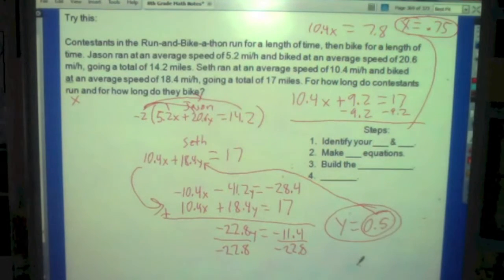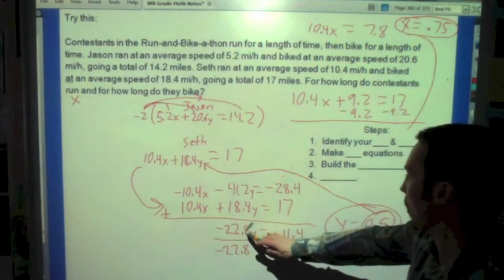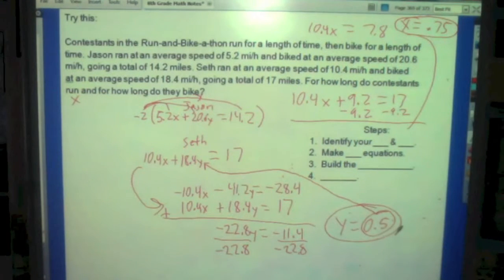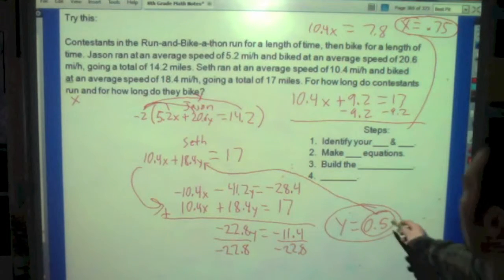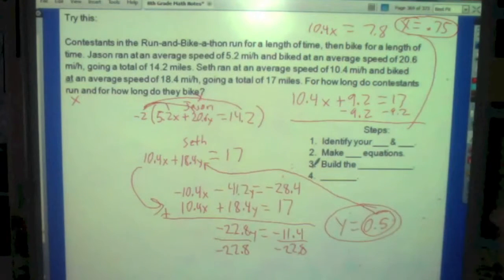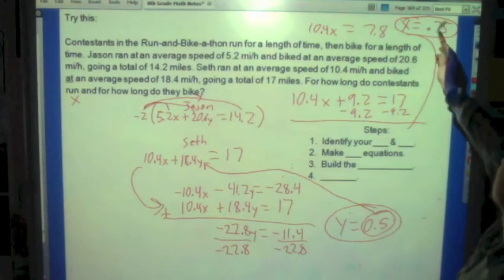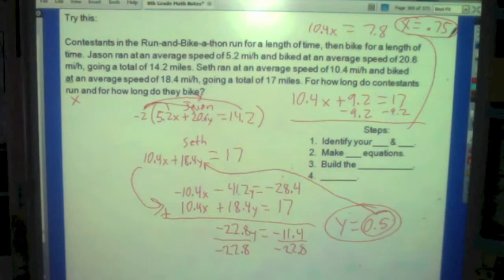Then I just stack and add, and I get down to this, divide, y comes out to 0.5. Plug that back into the equation for Seth. I decided to use that one. I did the math up here to solve for x, and I get 0.75 for x.